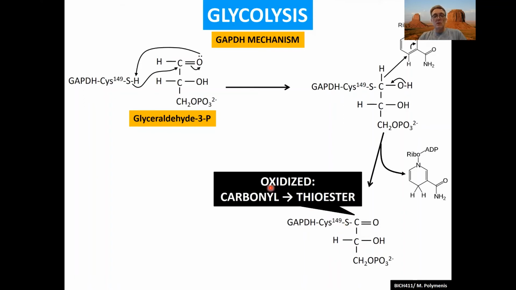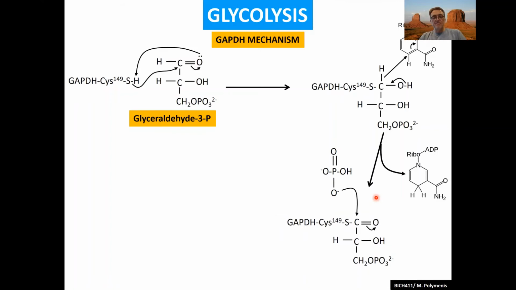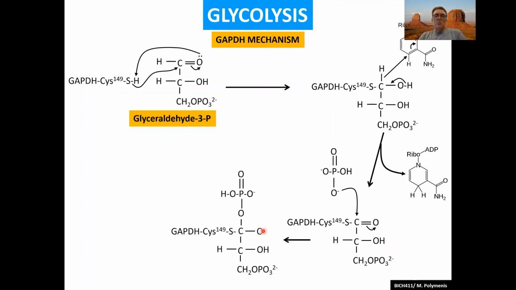So this is where the carbon got oxidized, right? And the electrons moved on to NAD to become NADH. So this is the redox part. It also happens that this thioester is high energy, and a phosphate, just inorganic phosphate, will attack this carbon, so that will enable you to make this intermediate first.